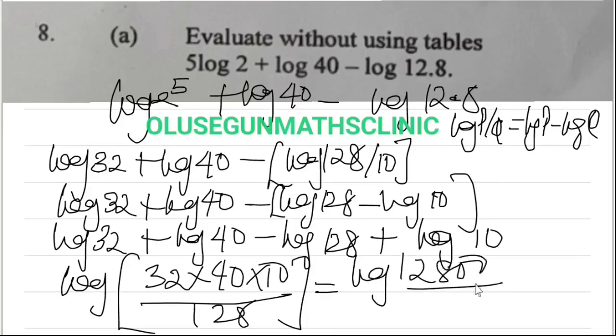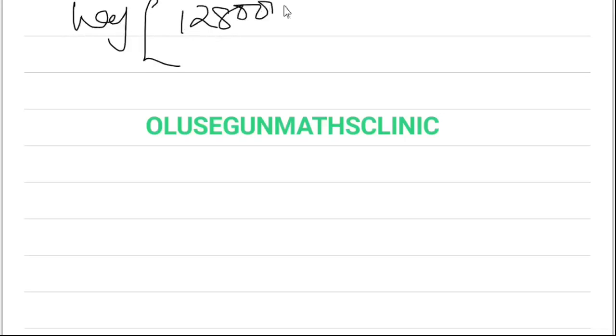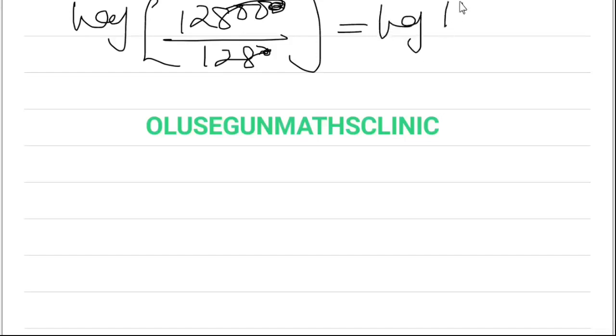which will give you log 12800 over 128. So you will write it again to have log, open a bracket, 12800 divided by 128. So we have log 100.